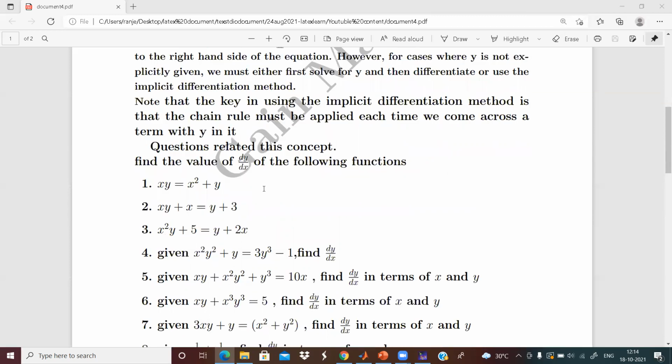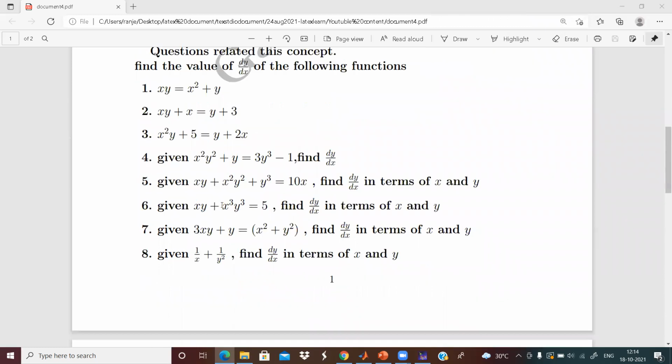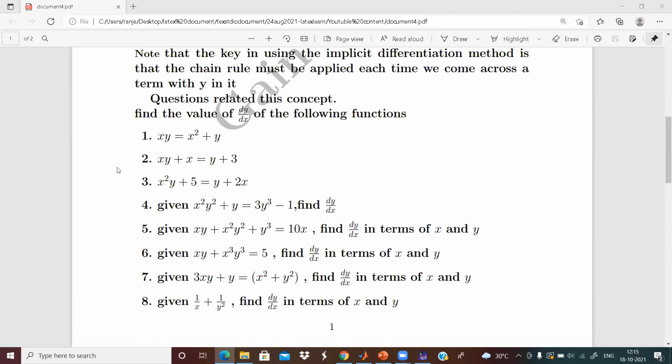So we will understand through the questions. Here we have given some questions. You can try them so that you will get a better understanding. Like the first, second, third question, we will observe here we can write y in terms of x.